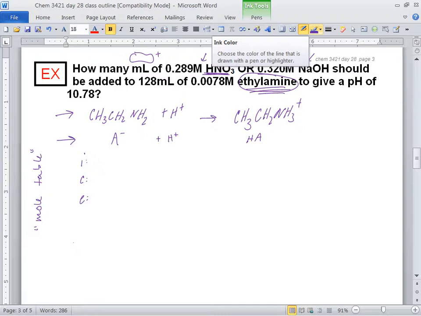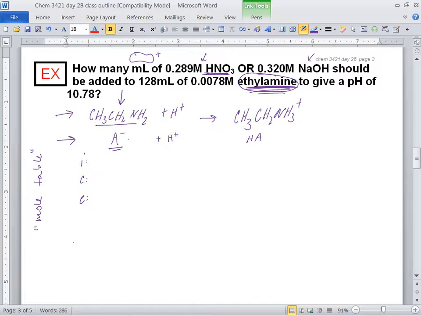The reason I wrote it this way is to illustrate what's going on, because we're starting with this compound, or this compound. They're chemically equivalent. We're starting with the conjugate base, and then we're going to add some HNO3 or NaOH to give a pH of 10.6.